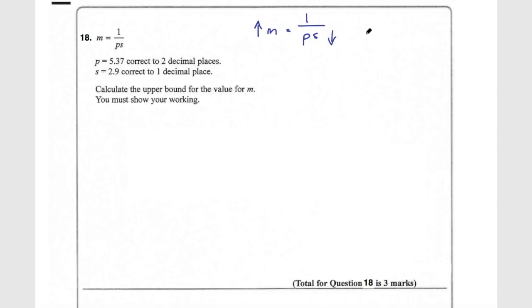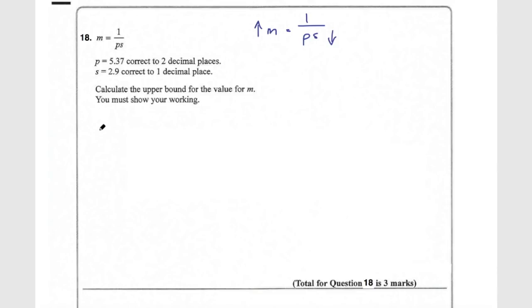If you want to think about it like this, you could say that 20 divided by 10 equals 2, and then if I decrease this denominator, so 20 divided by 5, that equals 4, then the answer goes up. So if I have the lowest possible value for p times s, then I'll have the highest value for m. So we actually need the lower bounds for p and s there.